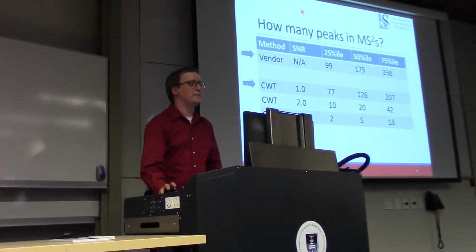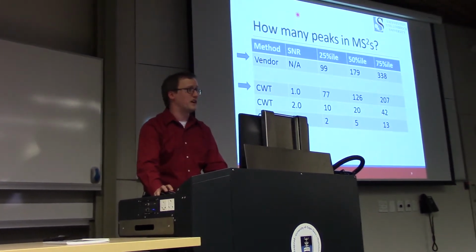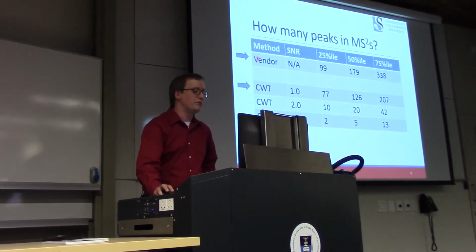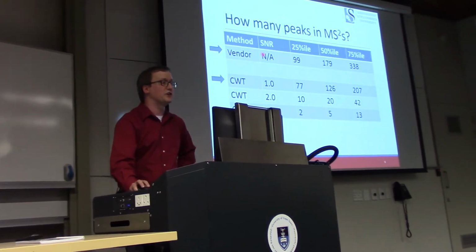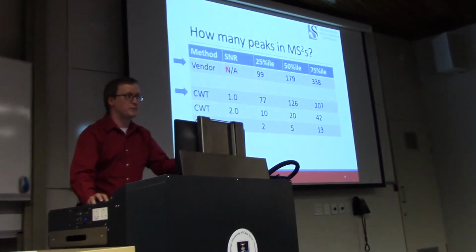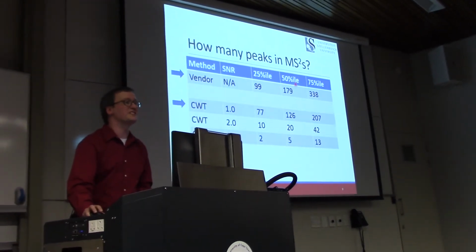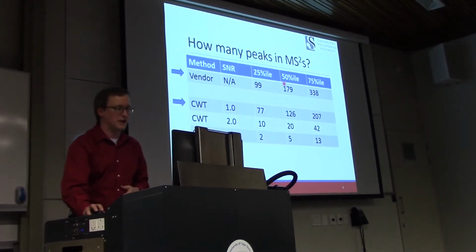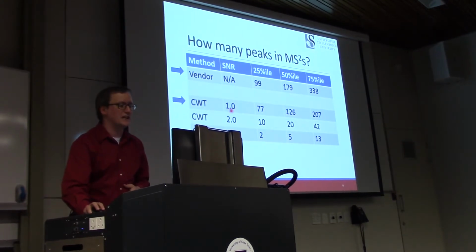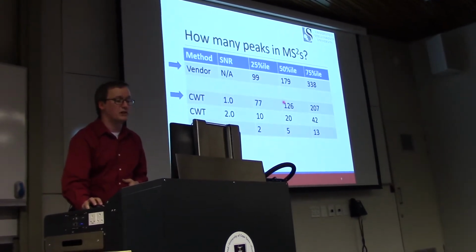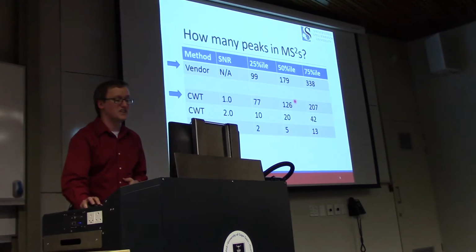All right, now I mentioned the signal-to-noise ratio as an important parameter. If I run the standard peak lister that's built into Analyst, I see that I get, at the median, 179 peaks per tandem mass spectrum. If I use CantWait at its default setting, 1.0, I see that I get only about 126.